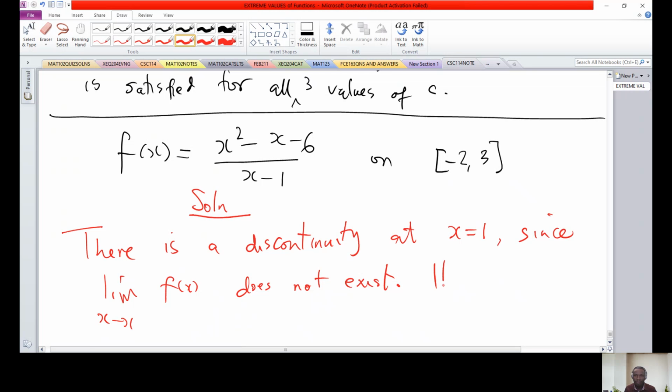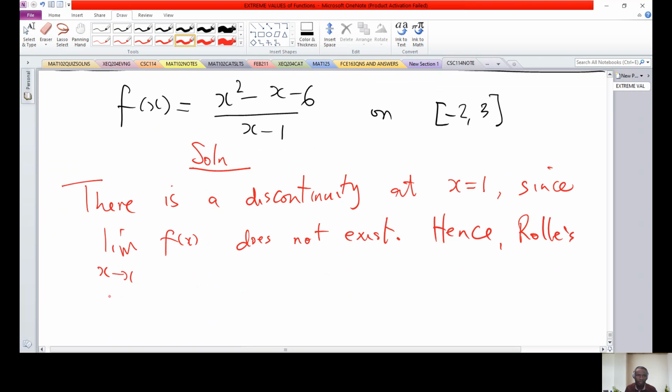So hence, Rolle's theorem does not apply.